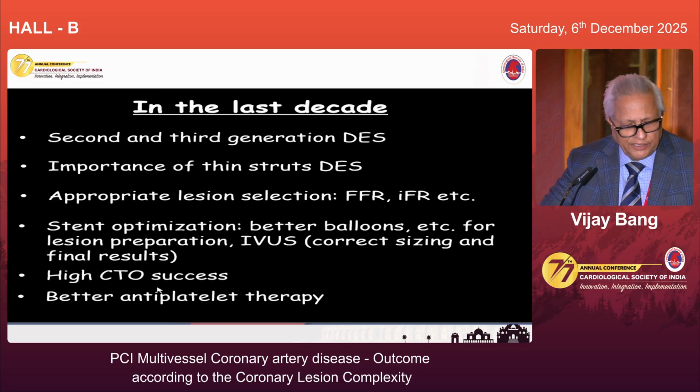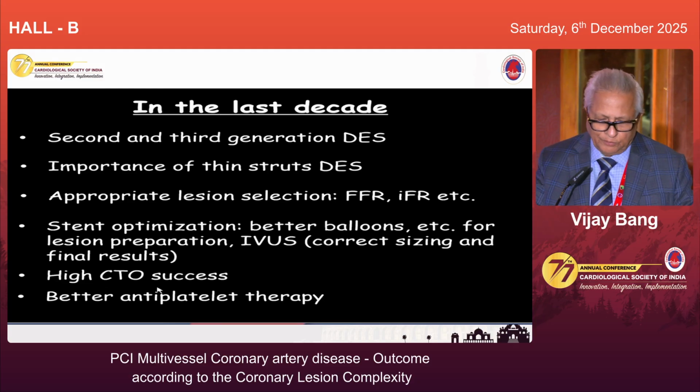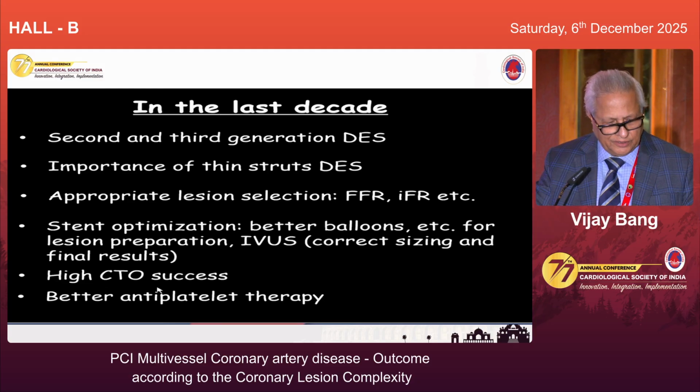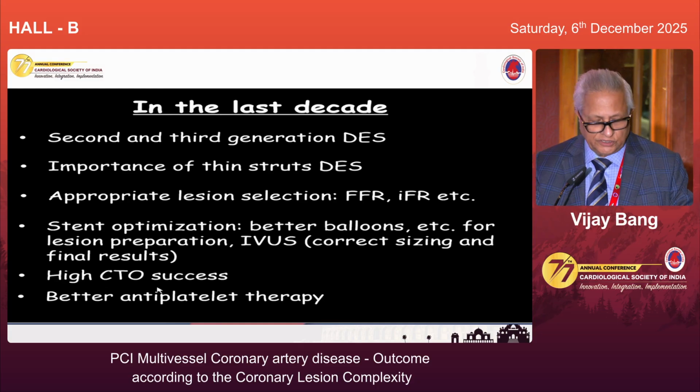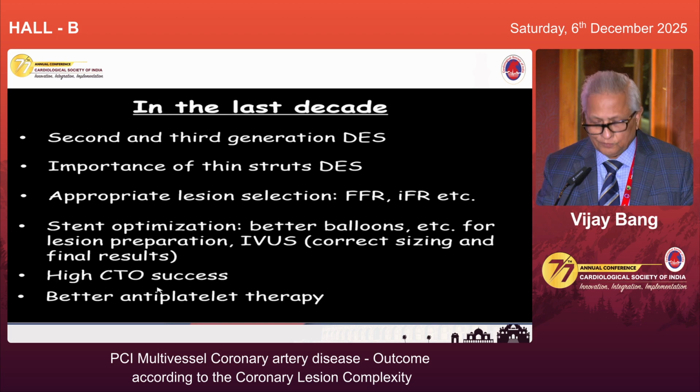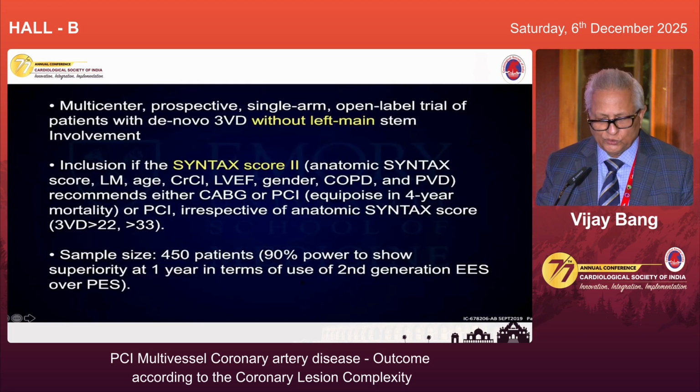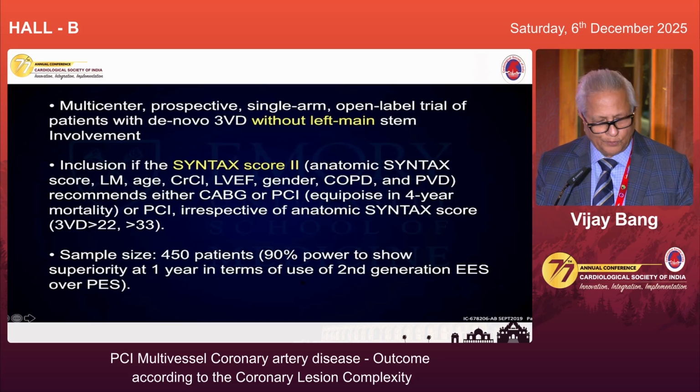But in the last decade, we have improved the drug-eluting stent. The struts have become thinner. We evaluate physiology. We do IVI in many patients. And CTO success rate has gone up because of the development of the skill and various other devices which we use during CTO operation.